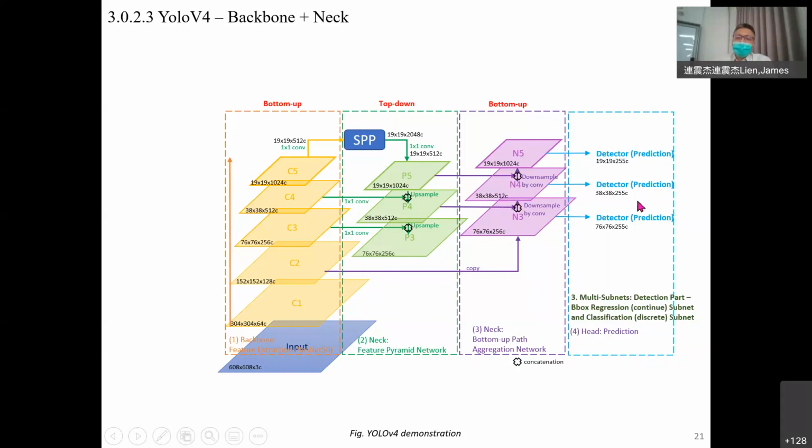And then here is the head. Head is the other issue. Okay. But here still has problems. What's the problem? How can you improve this one? Because it's already complicated. So YOLO V4 is good, but it's not easy to modify. That's the problem because it's already complicated.